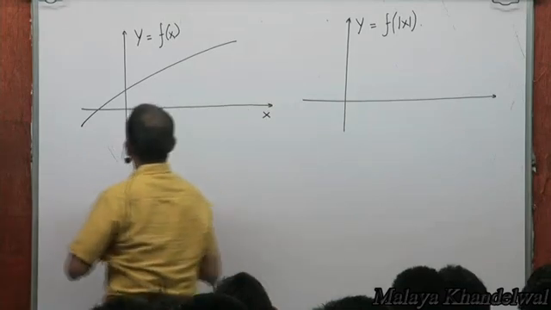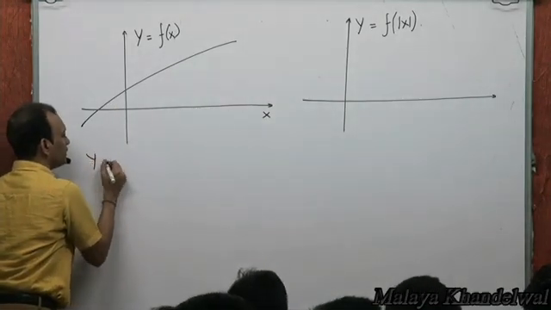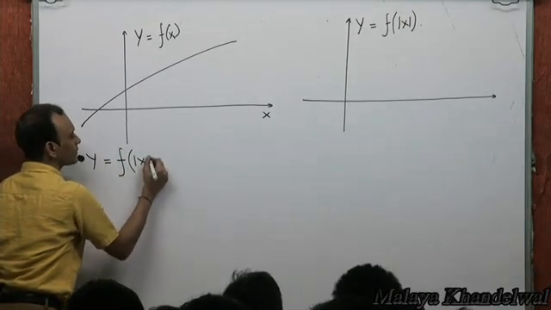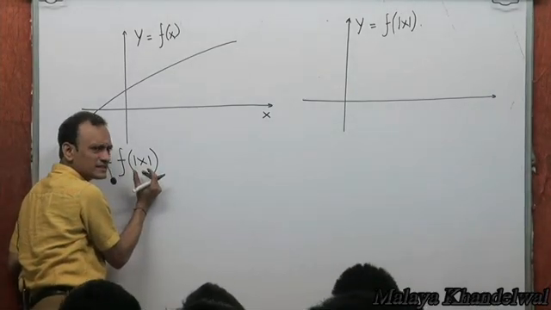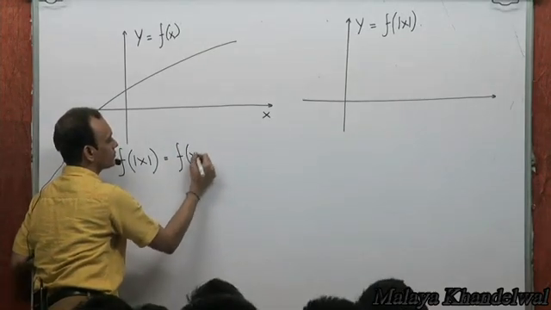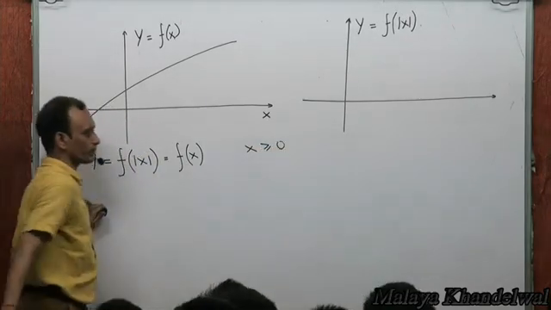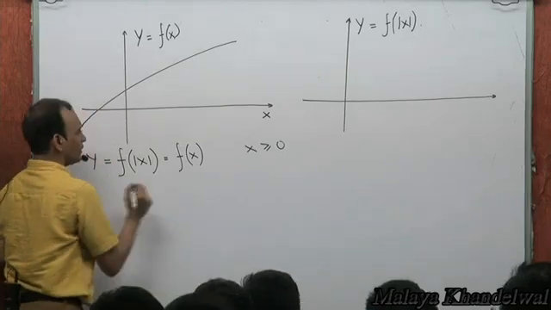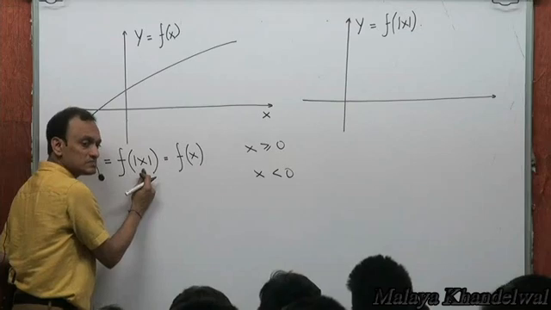Now, if I look at this f of mod x, whenever x is greater than or equal to 0, mod x will be the same as x. Whenever x is less than 0, mod x will be the same as minus x.